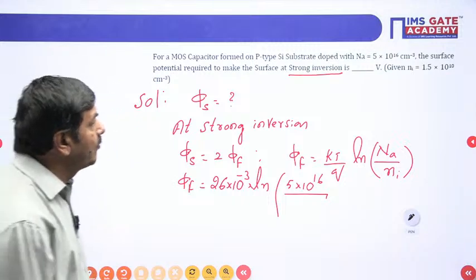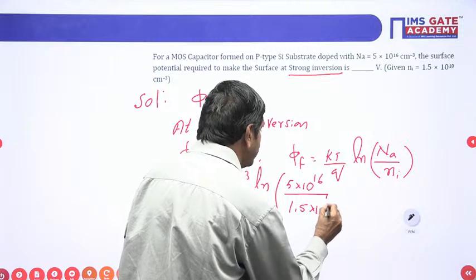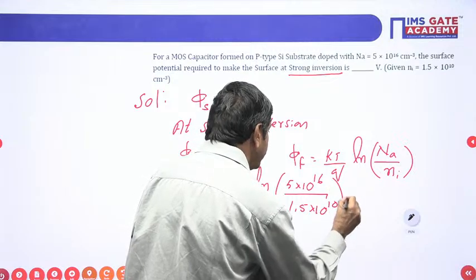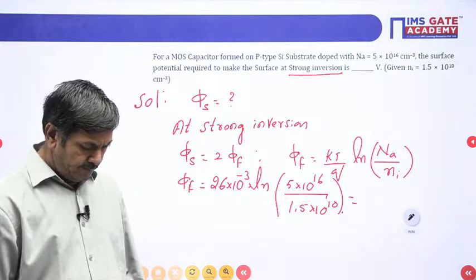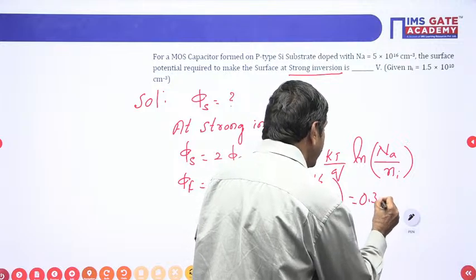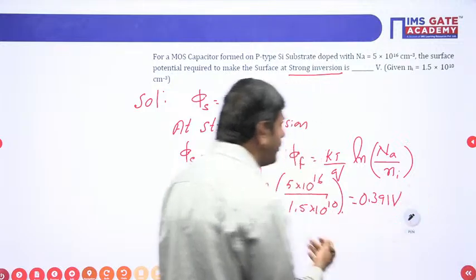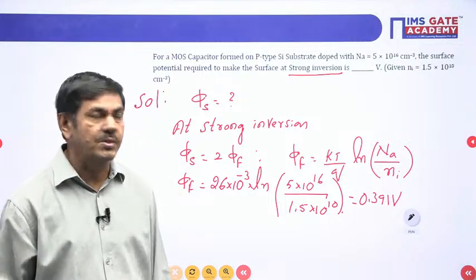What is Ni? 1.5 × 10^10, that is given. Finally, the phi f value is 0.391 volts. These are all potentials only, so they are to be taken with units volts.